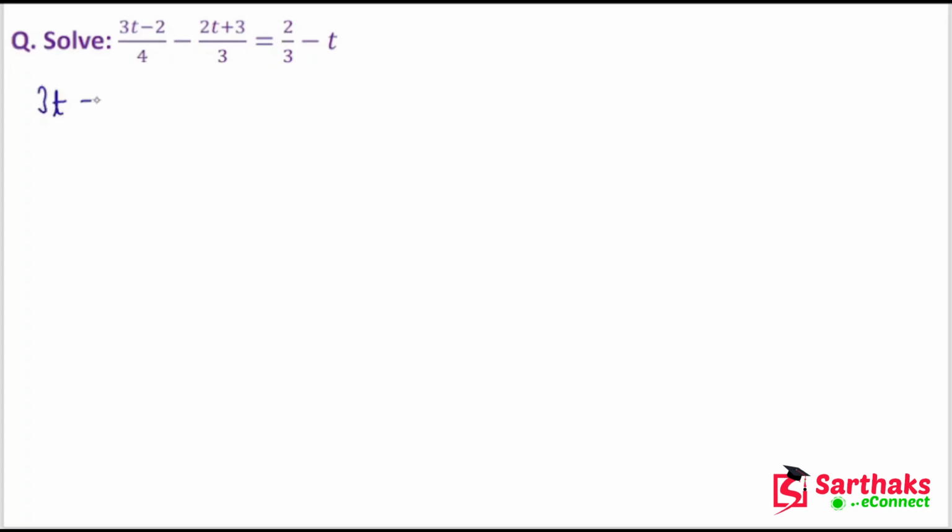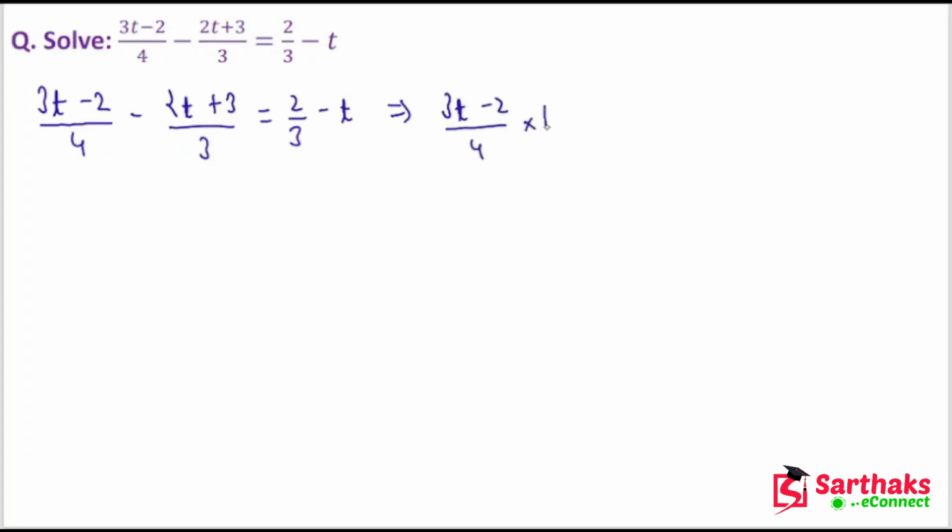We have (3t minus 2) whole upon 4 minus (2t plus 3) whole upon 3 is equal to 2 upon 3 minus t. Now multiplying both sides by 12, we will get (3t minus 2) whole upon 4 into 12 minus (2t plus 3) upon 3 into 12 is equal to 2 upon 3 into 12 minus t upon 1 into 12.